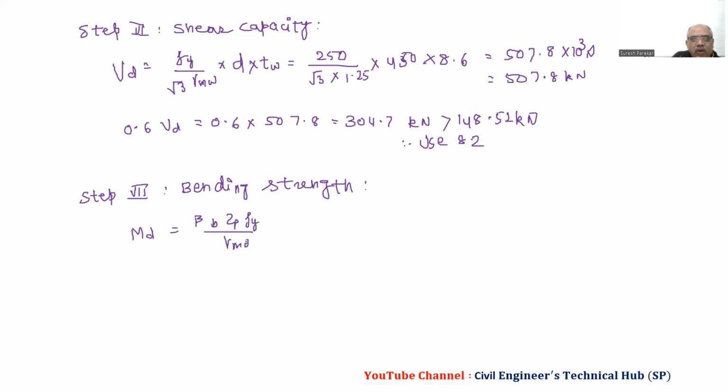But you go one step in between, classification. I will not go for this, but you have to do it. You have 1 mark for it. That is B by TF and D by TW. And then we have this as 1 into ZP.